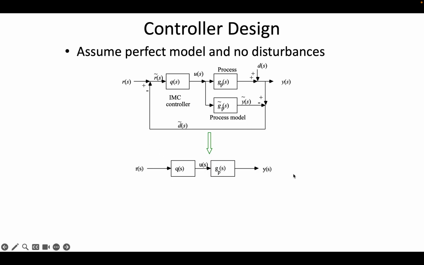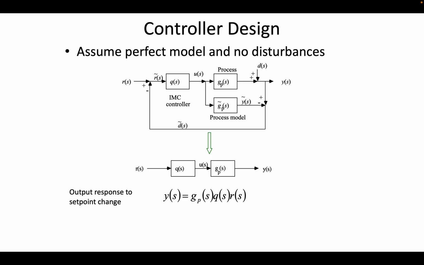So then that means this equivalent block diagram, since there's 0 being fed back to the set point, can be represented in the limit of no disturbances and a perfect model as the following: the combination of the internal model controller Q and the actual process GP.